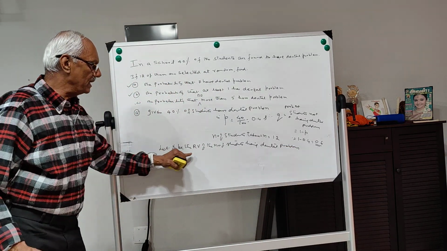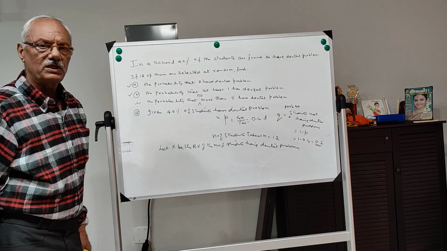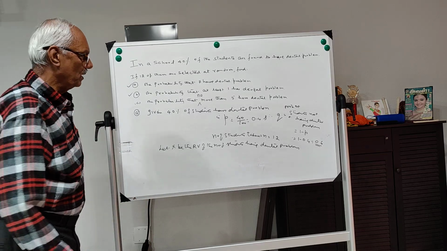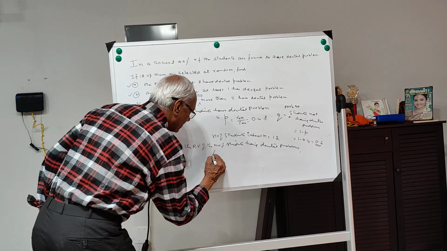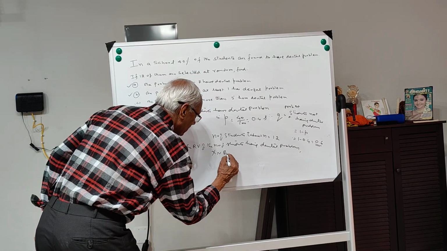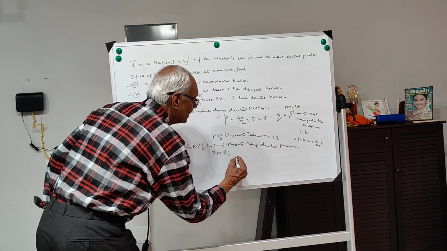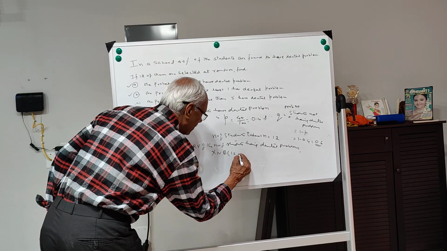X is the random variable, and here X follows B of 12, 0.4.